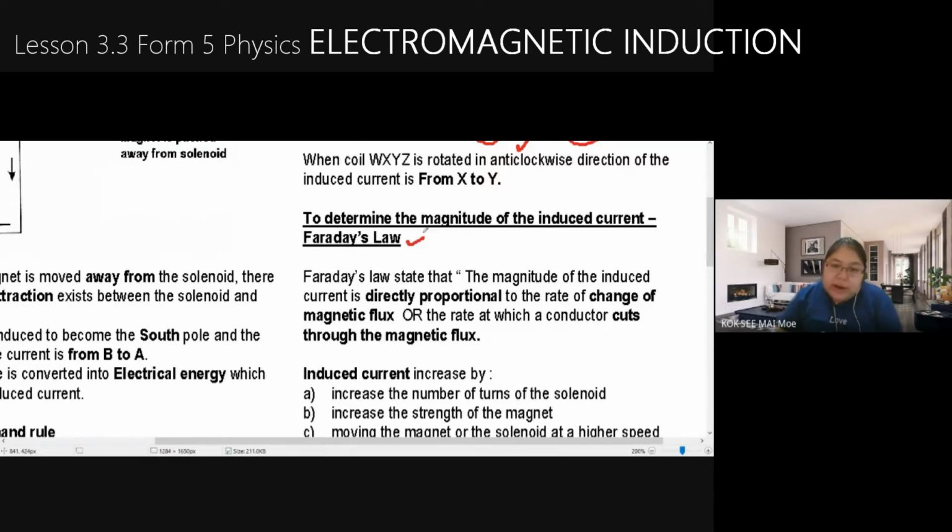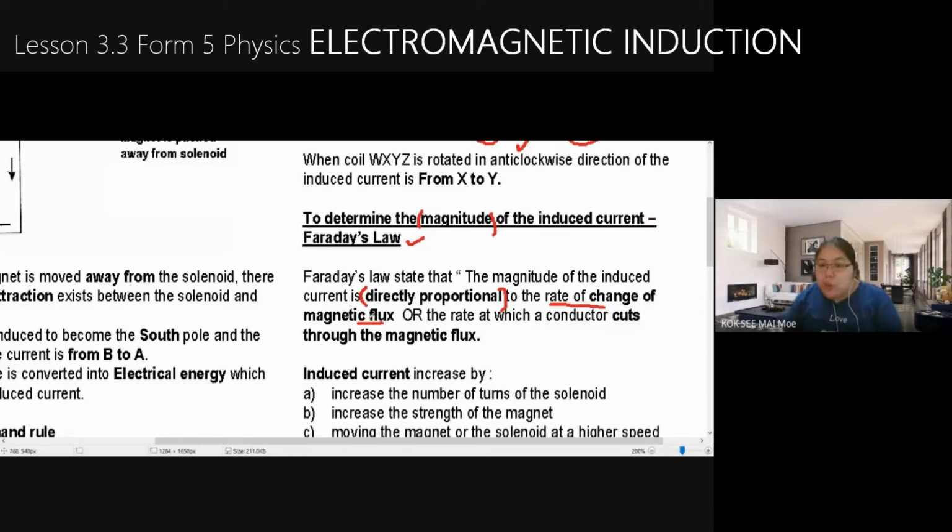Okay, let's see Faraday Law. To determine the magnitude of the induced current, they want to find the value of the induced current by using the Faraday Law. What is the Faraday Law talking about? The magnitude of the induced current is directly proportional to the rate of change of the flux. Remember, rate means time taken to change the flux.